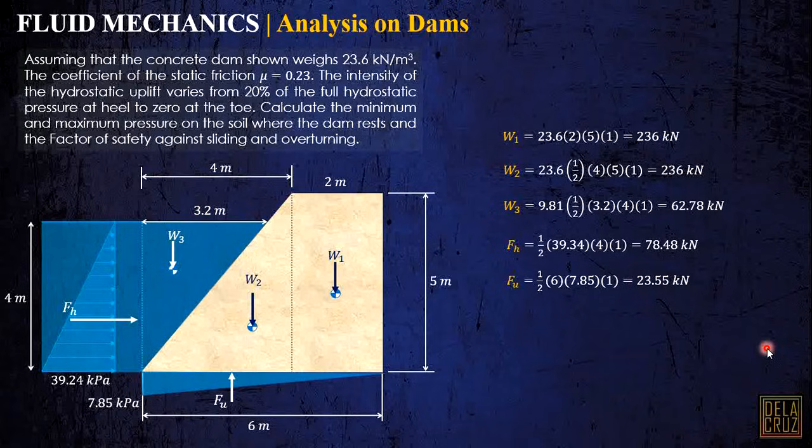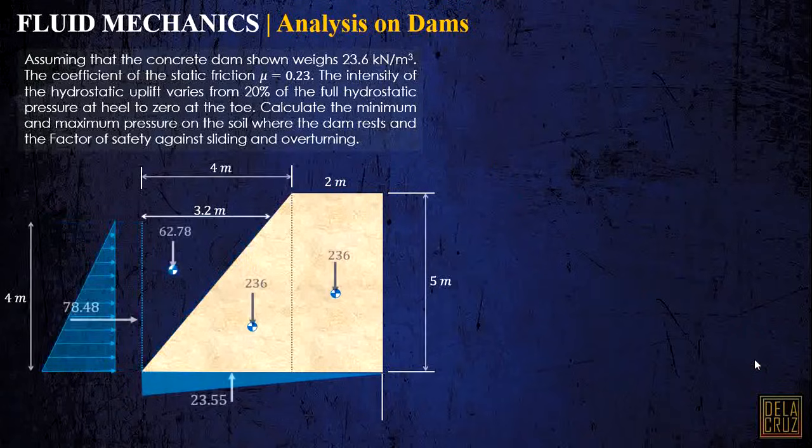Okay, now take note that what we need to find is the maximum and the minimum pressure. Okay, so let me just do this one. We will be having the reaction here at the bottom. Let us call this one RY. These are the common notations in the books.